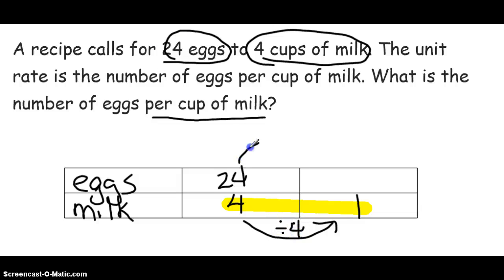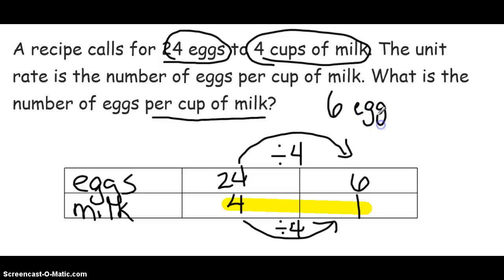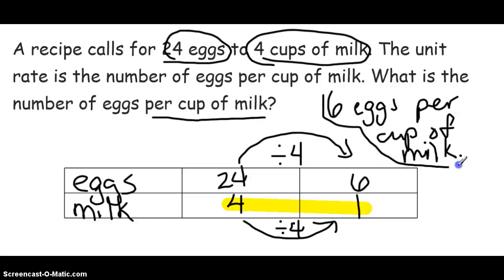If I divide the bottom part of our table by 4, I have to also divide the top part of our table by 4. And 24 divided by 4 is 6, which tells me that there will be 6 eggs per cup of milk. So that there will be our answer.